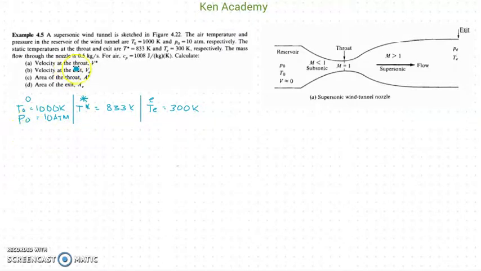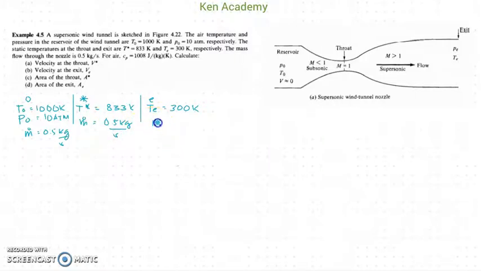We also know that the mass flow rate through the wind tunnel nozzle, which is the whole thing, is given by 0.5 kilograms per second. So the mass flow rate in the throat section is still 0.5 kilograms per second.